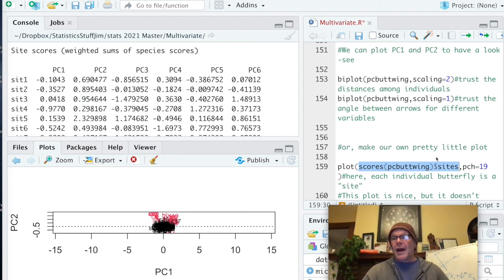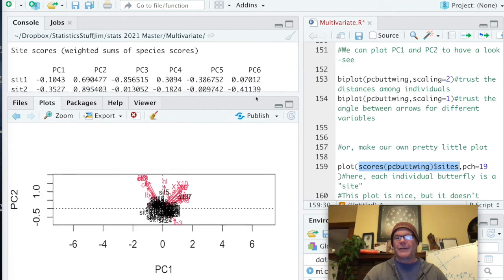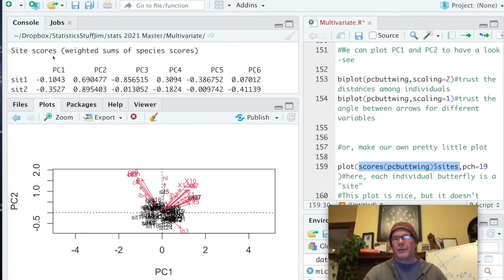And so I can extract those scores by using the scores function. By default, the scores function will extract the first two PC scores, but using an argument called choices, you could say I want 1 and 3, or I want 1, 2, and 3, and make a 3D plot out of it if you wanted to. These are all things that are under your power.